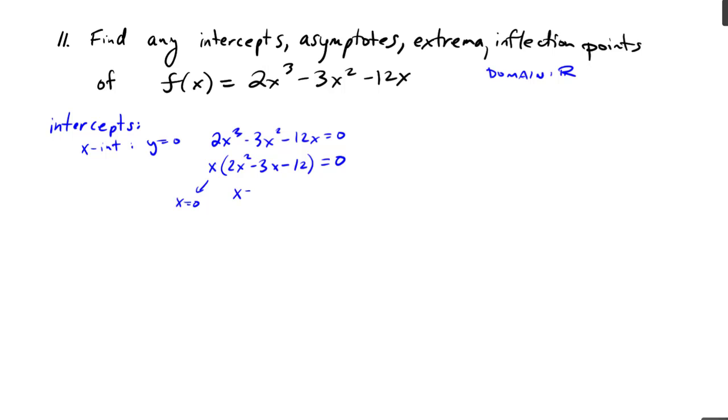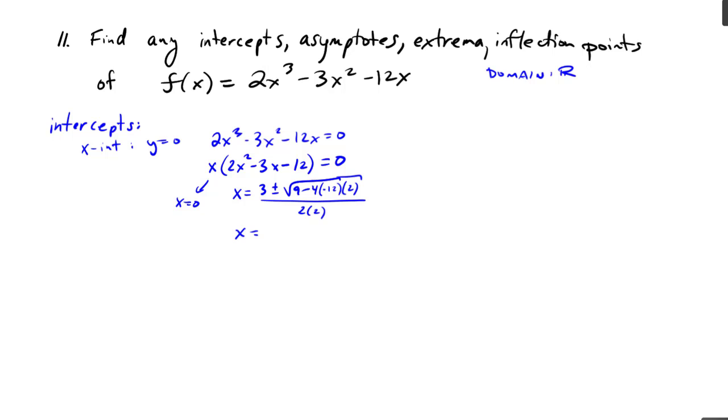Then I would need to do x equals negative b, so 3, plus or minus the square root of b squared, 9, minus 4ac, which is going to be 4 times negative 12 times 2, all over 2a, so 2 times 2.